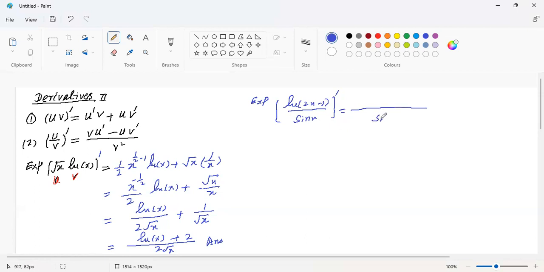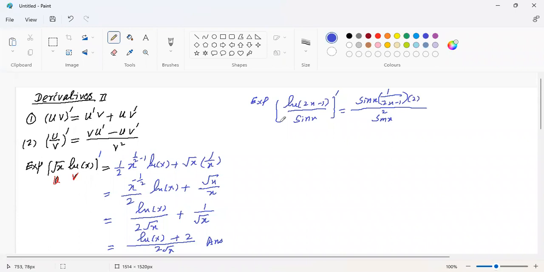The square of sine of x, meaning the square of V here, and write this sine as it is here, sine of x, and finding the derivative of ln of 2x minus 1, it will be 1 by 2x minus 1 into the derivative of the inner function.